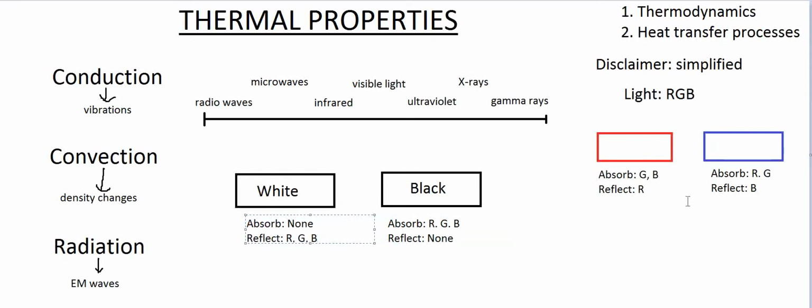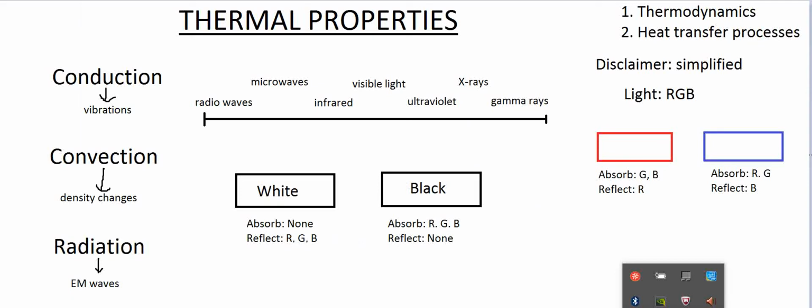The thing is, light is a form of electromagnetic radiation. So when black surfaces absorb these three colors, what they are doing is absorbing the radiation. And white surfaces, when they reflect these three colors of light, are reflecting radiation.